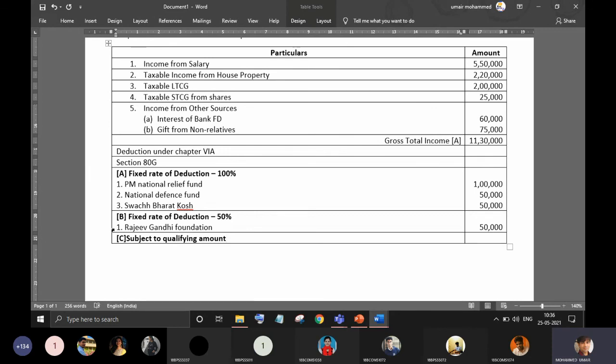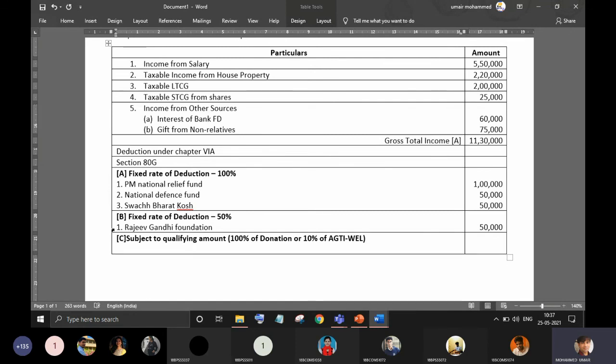And how do we calculate the qualifying amount? By comparing 100% of donation or 10% of adjusted GTI, whichever is less. This is how we compute the qualifying amount.